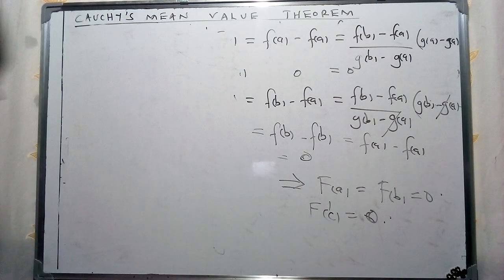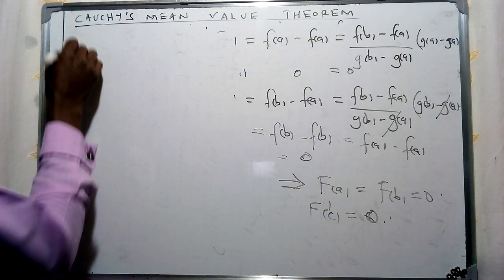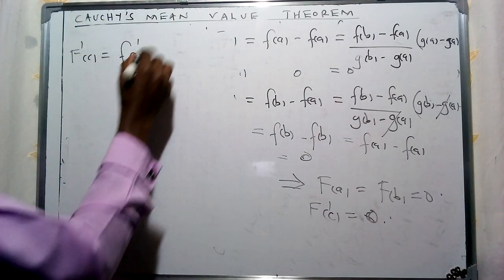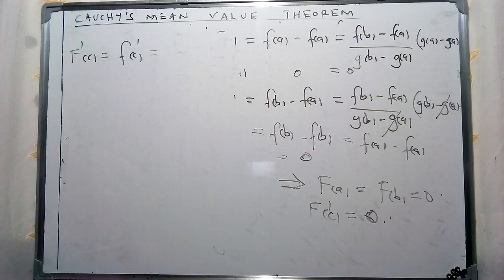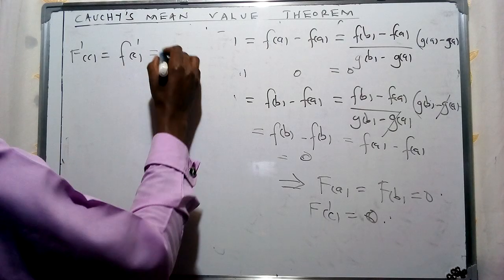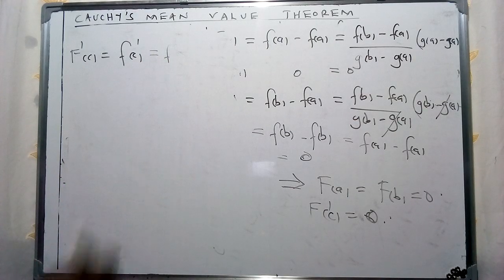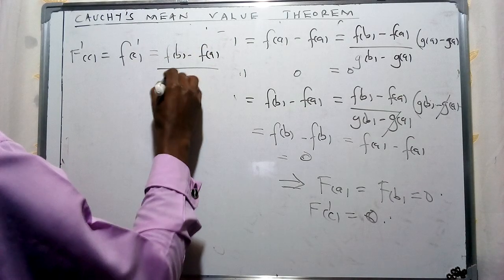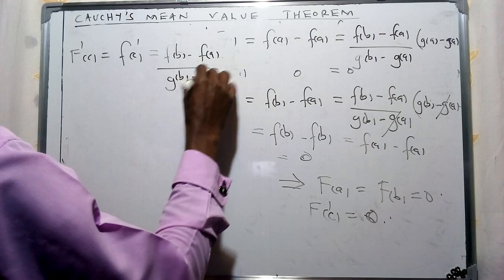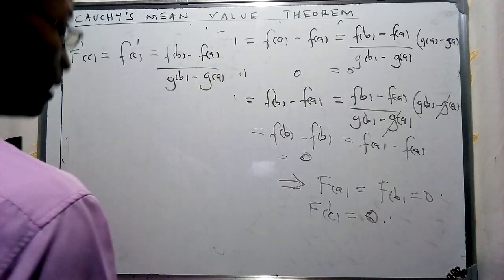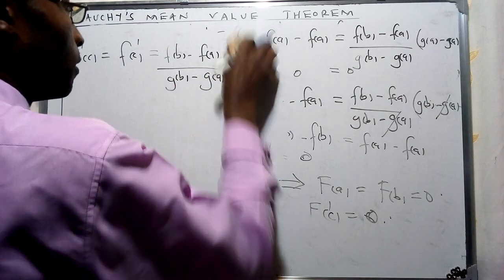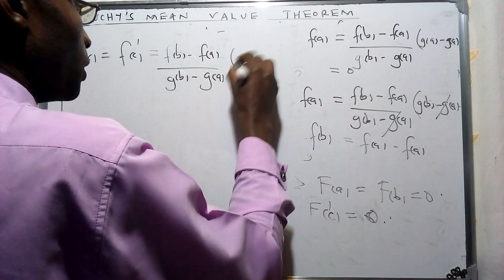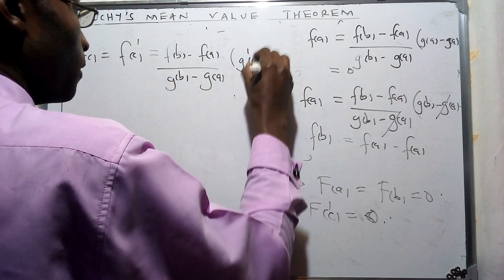So we're going to have this represented as f prime of c equivalent to this specific equation of f of b minus f of a all over g of b minus g of a, and the other side is going to give us g prime of c given as such.